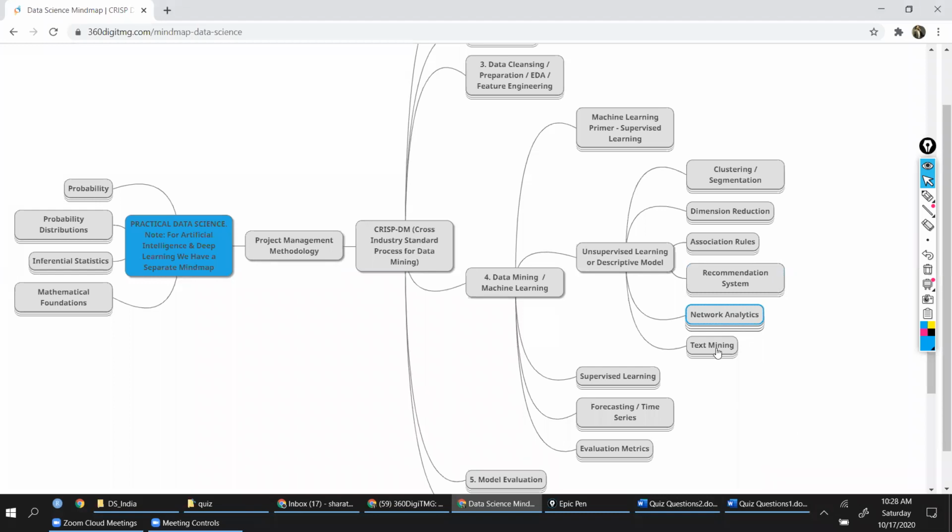Text data, of course, had to be treated in a different way altogether. In text mining, you also have supervised and unsupervised. Both will be part of the text mining. All right. So these are the different techniques that are available under unsupervised learning technique.